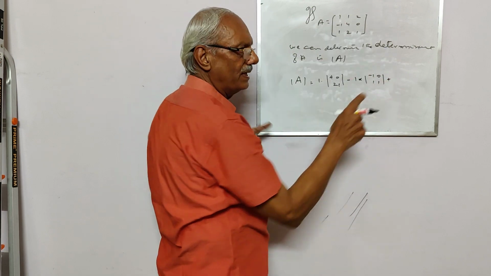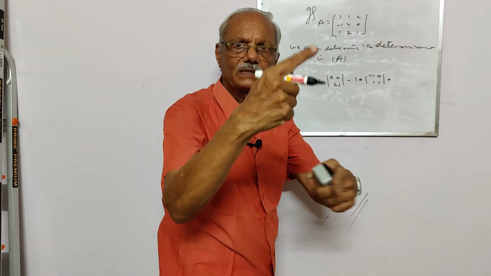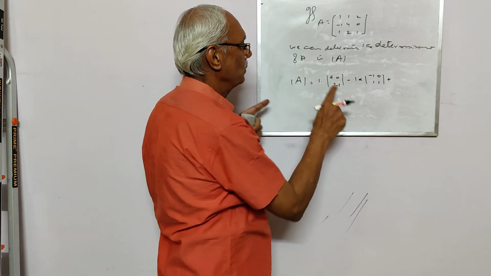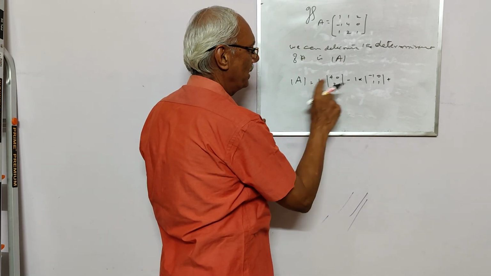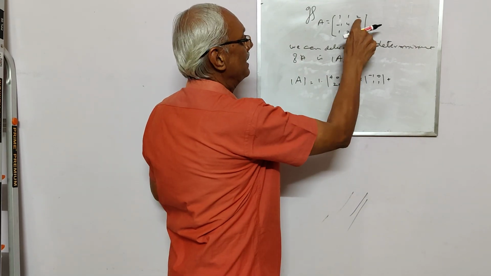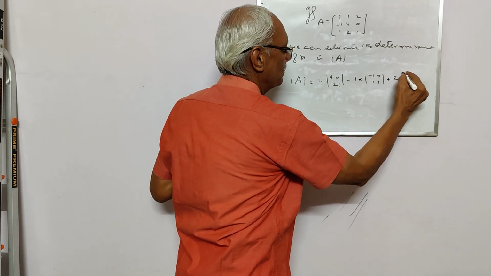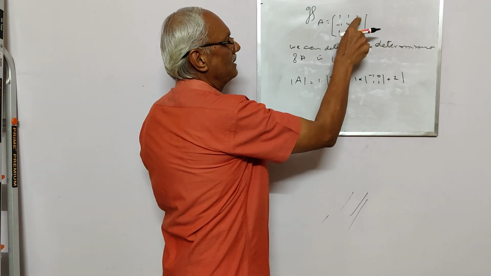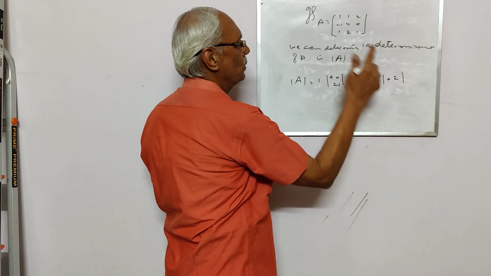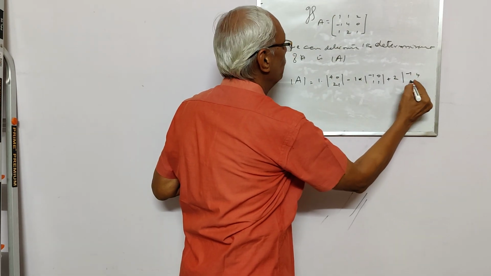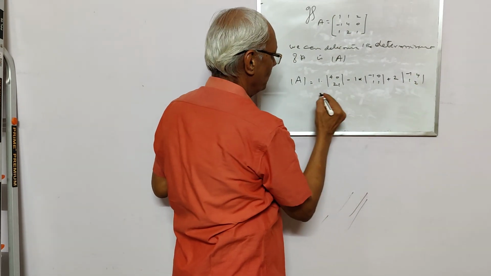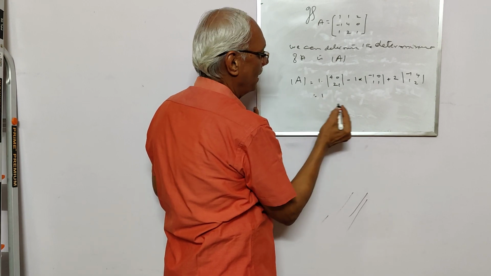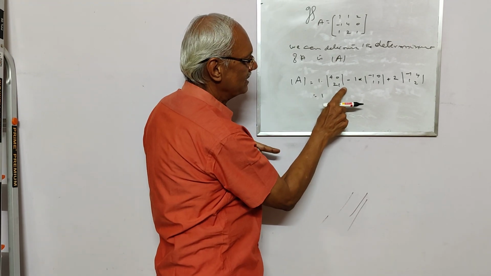Plus, alternate plus minus like that it must go. So 1 plus, 1 plus minus, then again plus. Here it is 2. Suppress this column and this row, you will get what? Minus 1 4 1 2. Now how to get the value of this?